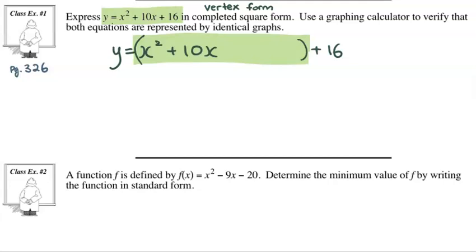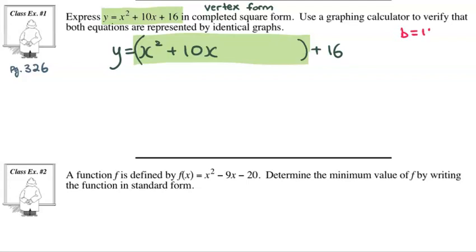But we're wondering here, what do we need here for our plus c value in order for this highlighted section to be a perfect square? Because right now it's not. Okay, our goal is to make it a perfect square. Let's take our b value.